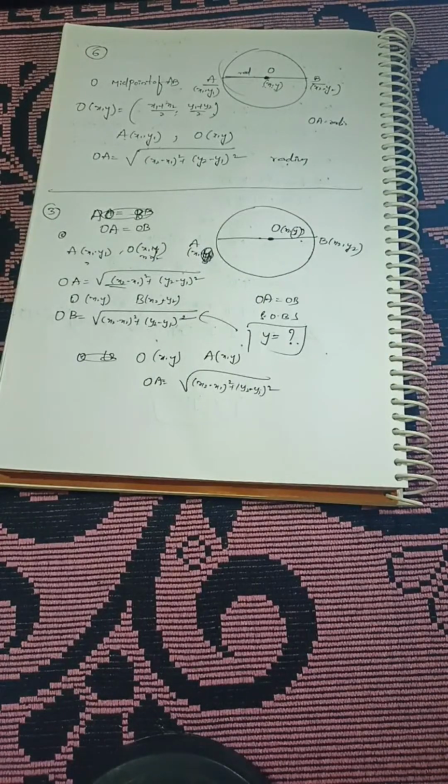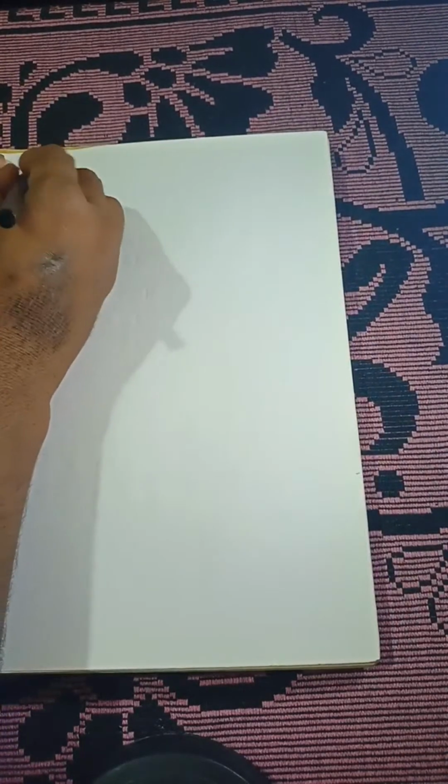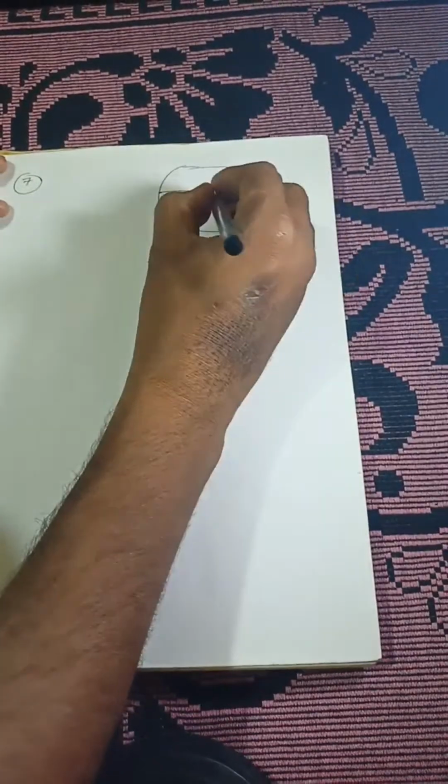Now the last and final problem. Now see everyone, I am going to do the last and final problem, called problem number 7. Now see, this is a circle with the center.